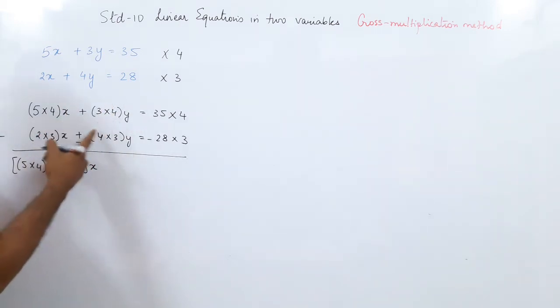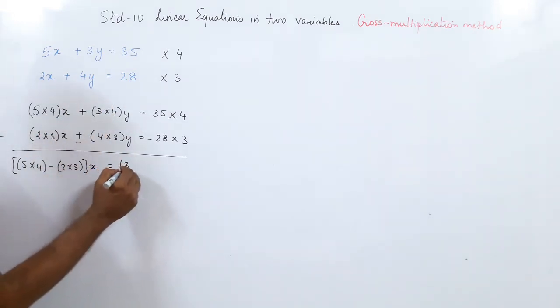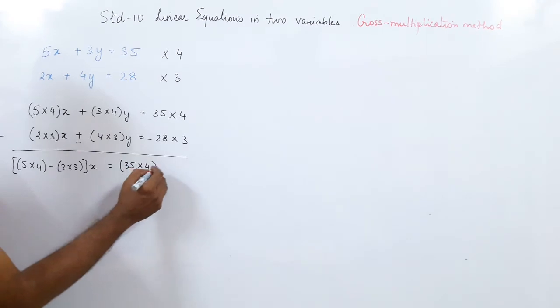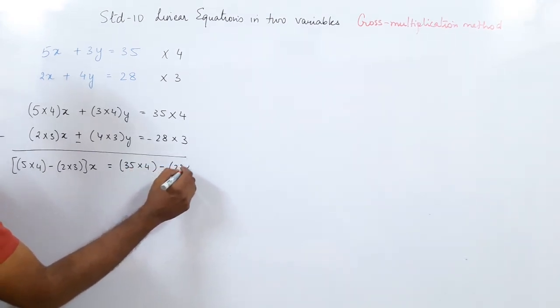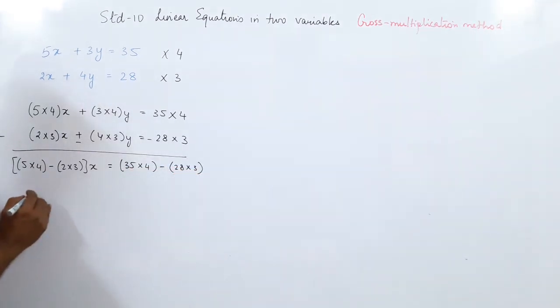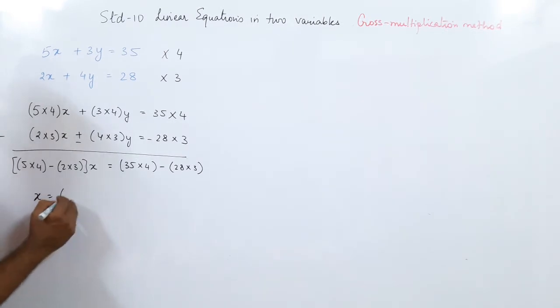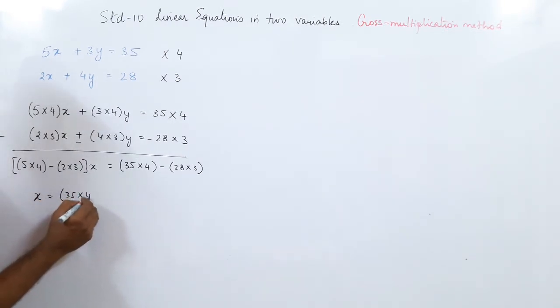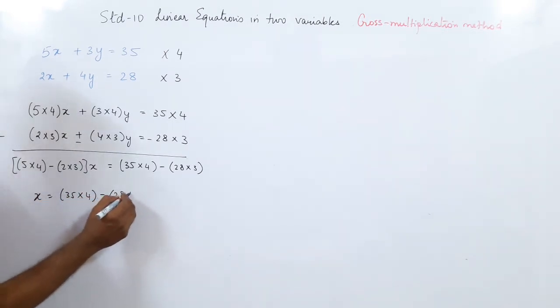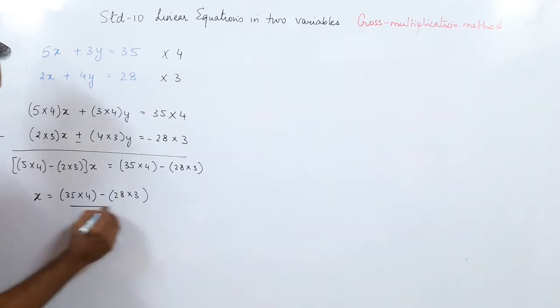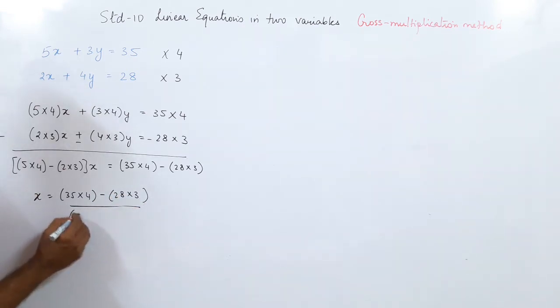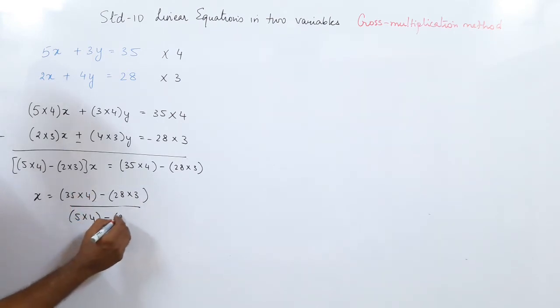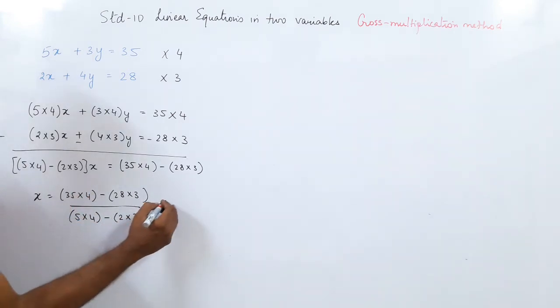This gets cut, eliminated, equal to 35 into 4 minus 28 into 3. So x is equal to 35 into 4 minus 28 into 3 upon, this comes down in the denominator, 5 into 4 minus 2 into 3.